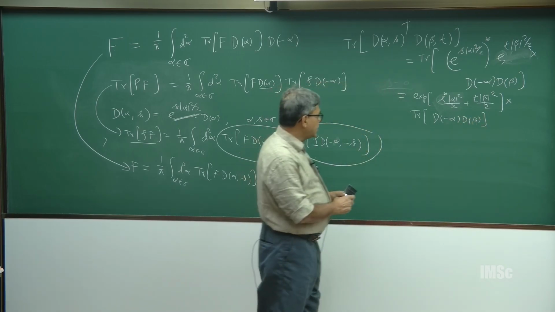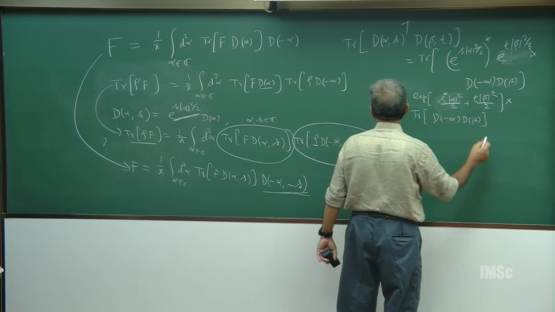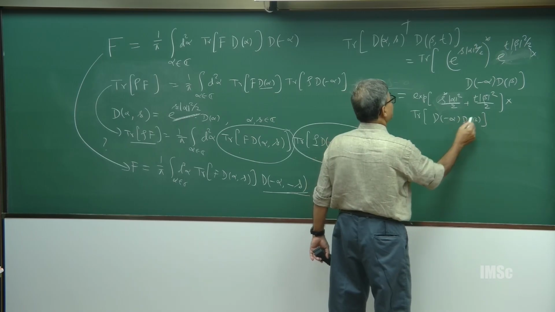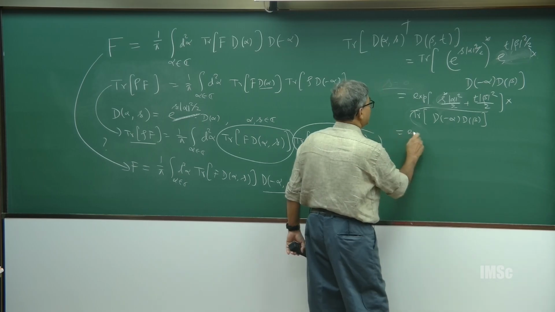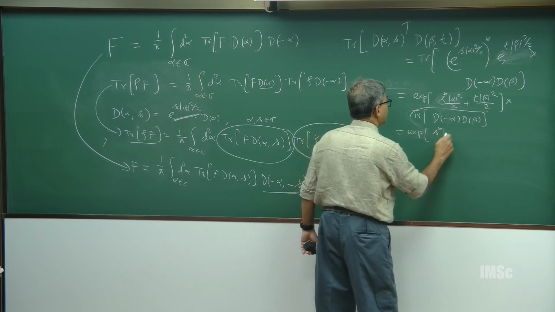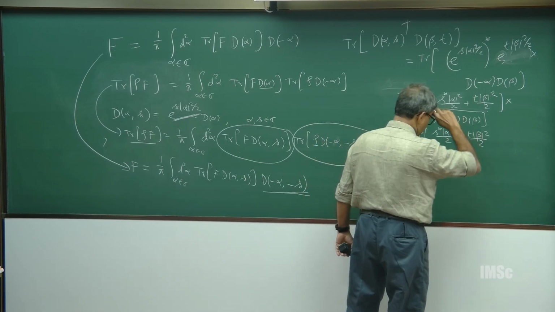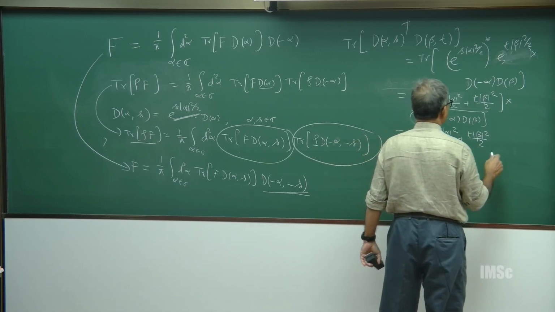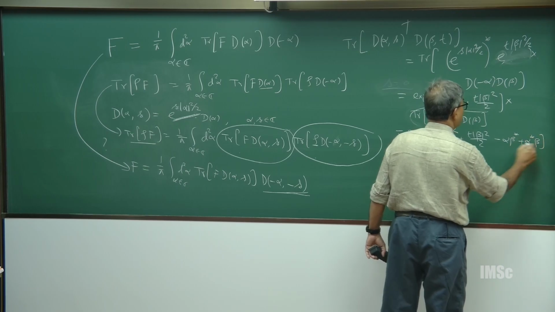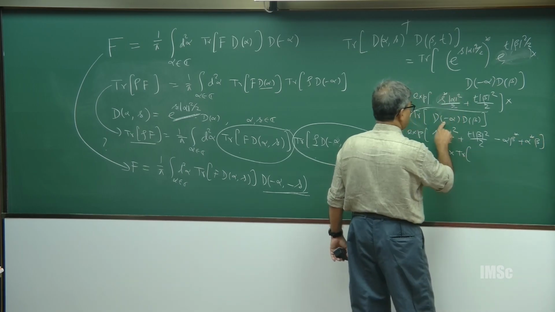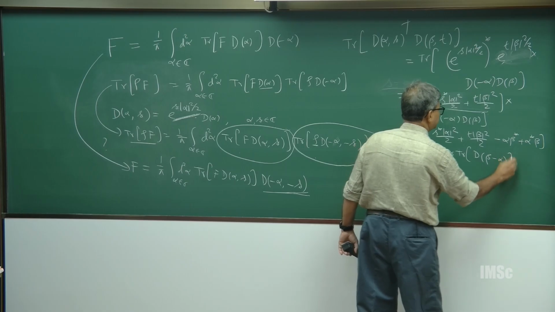Some factor is there, so let me write it first. This is exponential of s star mod alpha square by 2 plus t mod beta square by 2, and then minus alpha beta star plus alpha star beta, into trace of D(beta minus alpha).